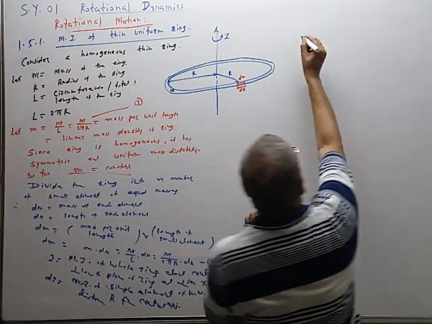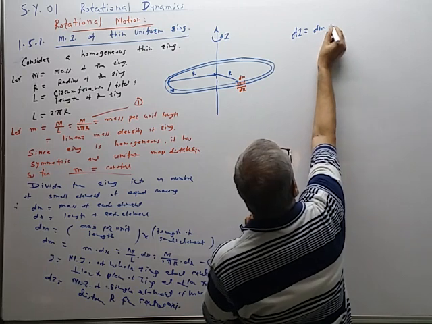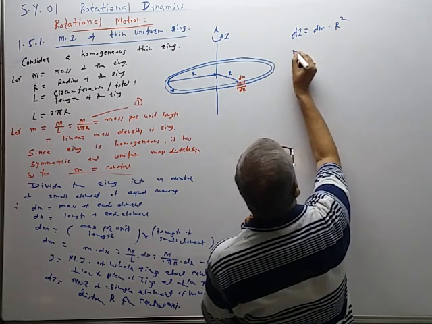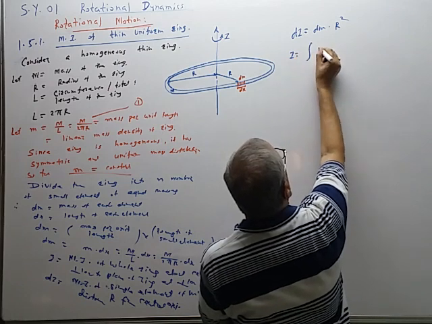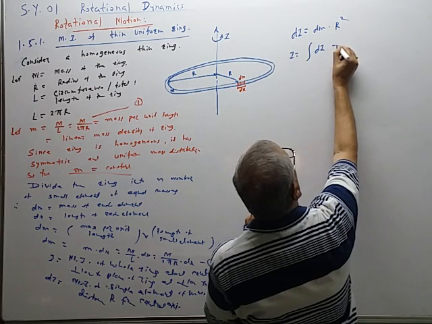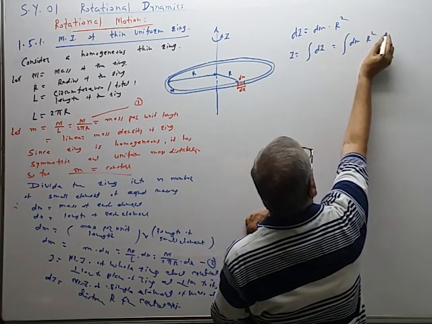So dI is equal to mass of the element multiplied by square of its distance. Therefore, I is equal to integration of dI, which is equal to integration of dm into r square.